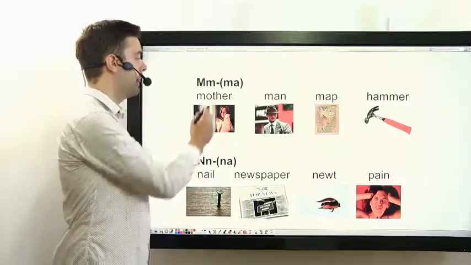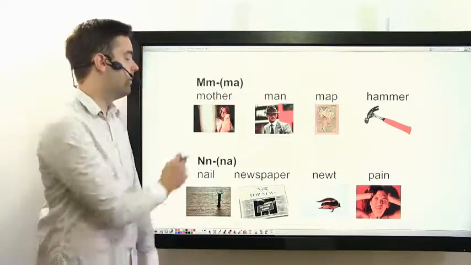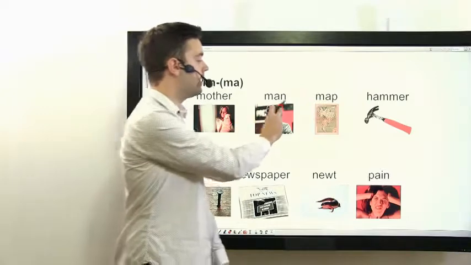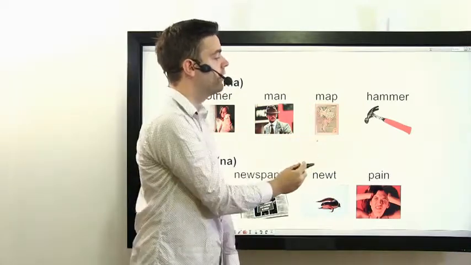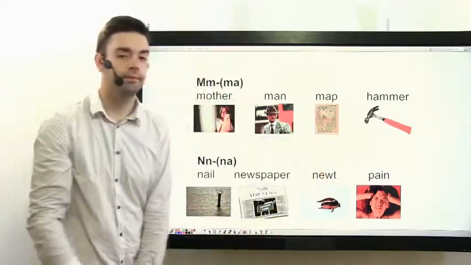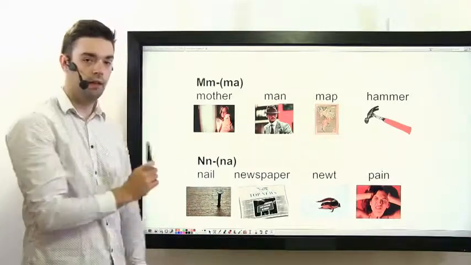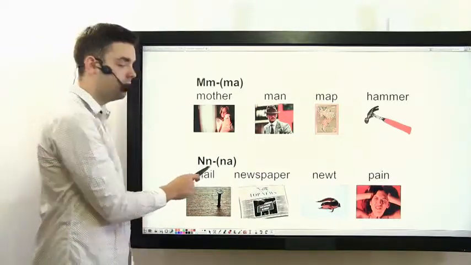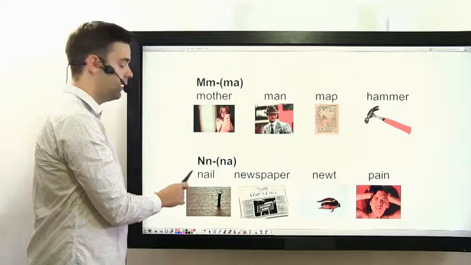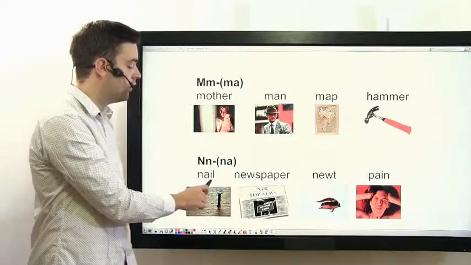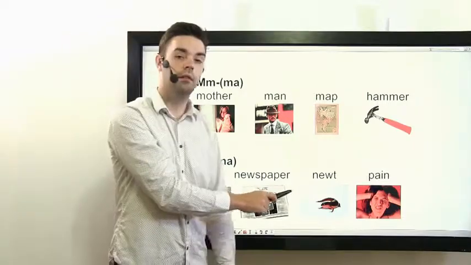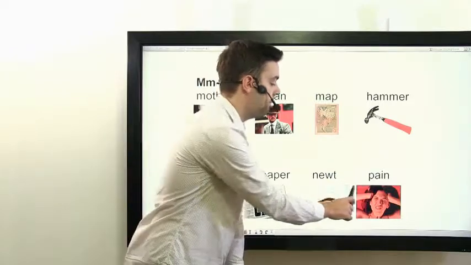M, mother, man, map, hammer. N, nail, newspaper, newt, pain.